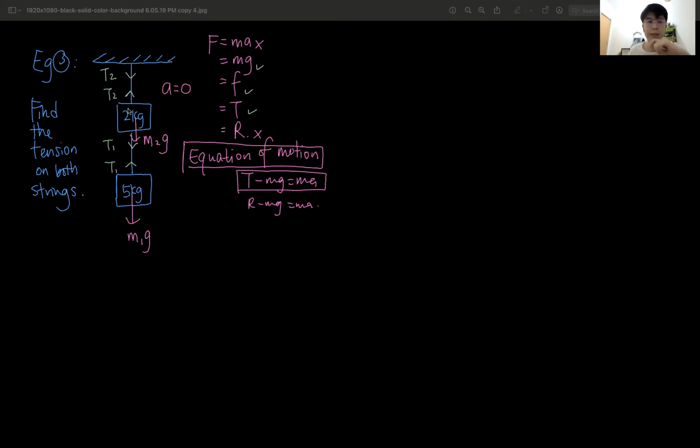So if you have 2 bodies, you have to analyze separately. Okay, you see after I label the force already, my second step is I want to draw a free body diagram.